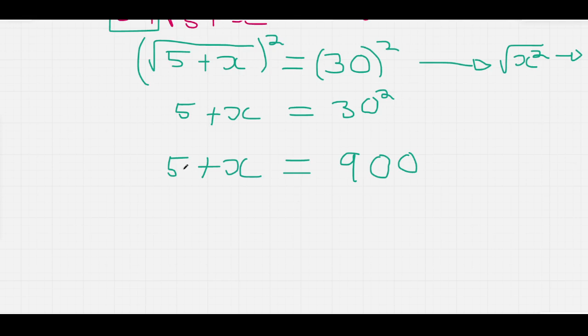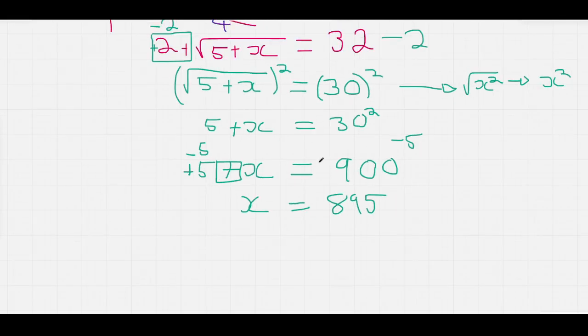Now I want to get rid of the 5, and all I'm going to say is, once again, I'm adding 5 here. Be careful, we don't look at this sign, we're looking at the sign in front of the 5, and because there's no sign, we assume it's addition. So I'm going to go minus 5, minus 5. x equals 895. Does that make sense?